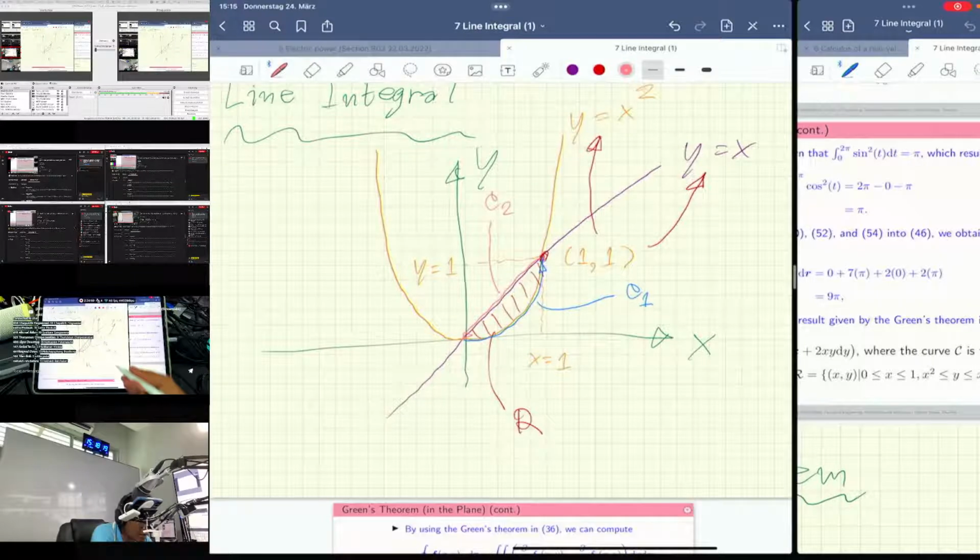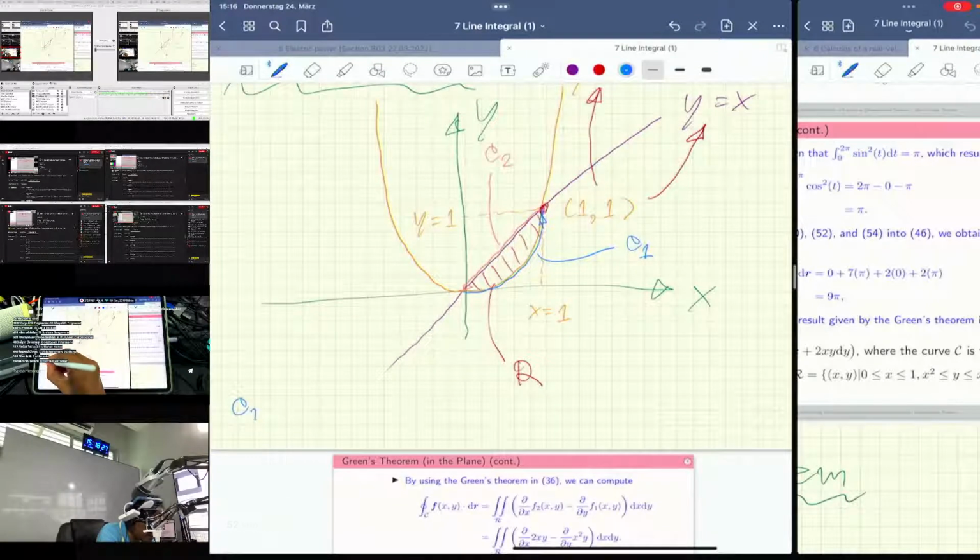C1 could be written as follows: C1 is the coordinate x and y. Once your x is given, you have to follow the parabola.